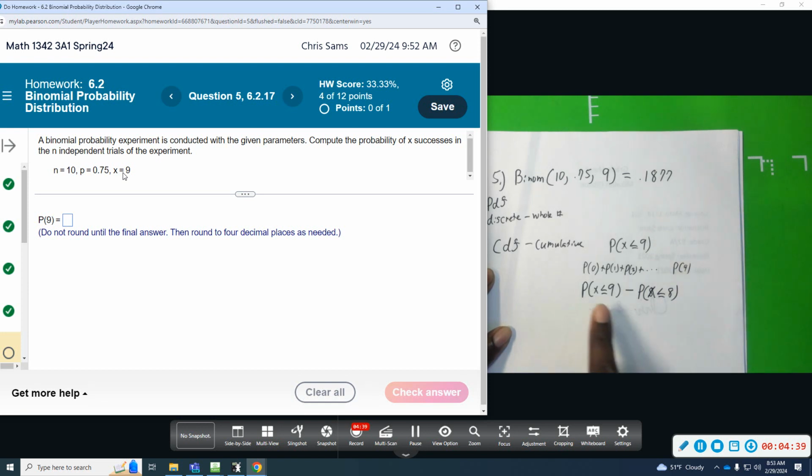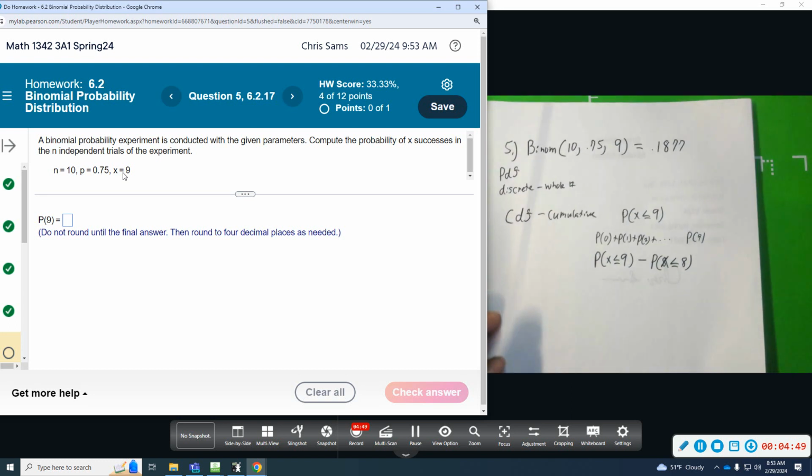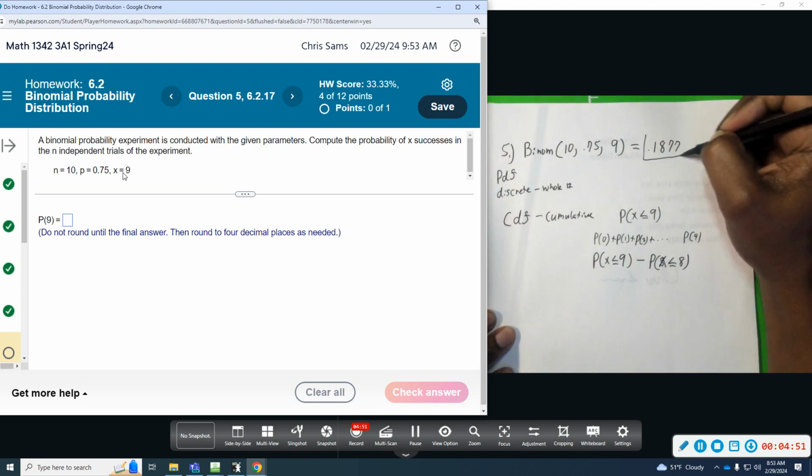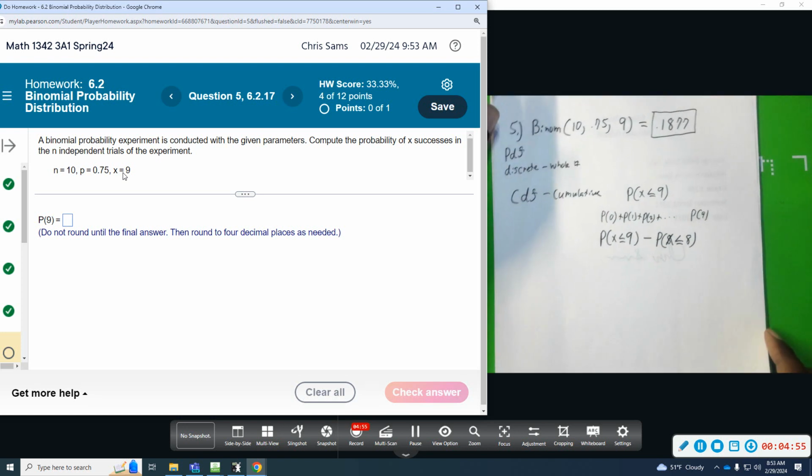This would take 0 through 9, subtract 0 through 8, and leave you with just the probability of 9. You'll see that later on, but I just want to mention it now. You should get the same thing that we have here. So this is going to be the preferred method. Either you can use this table, or the next method I would recommend is StatCrunch.